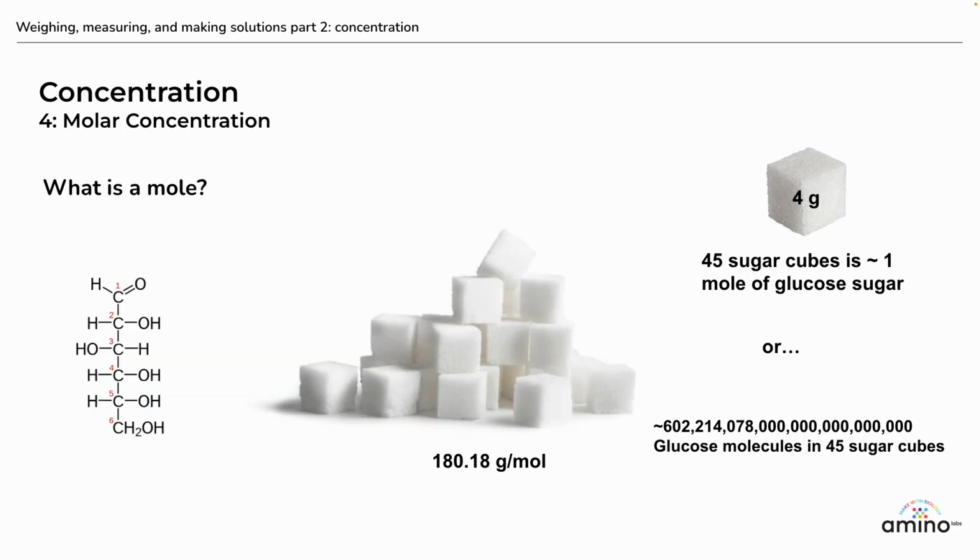Okay, so continuing down this road here, we just found that sugar glucose has a molecular weight of 180.18 grams per mole, right? And so we could ask the question, how much does 1 mole of sugar glucose weigh?